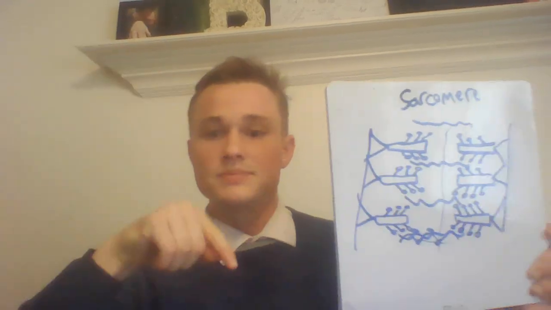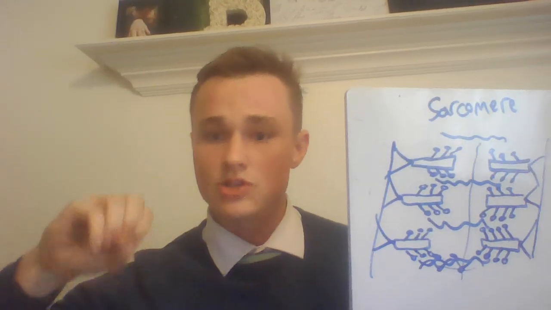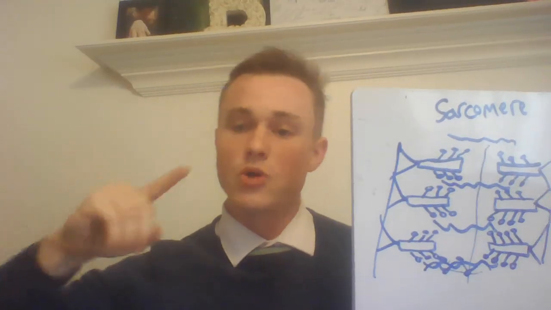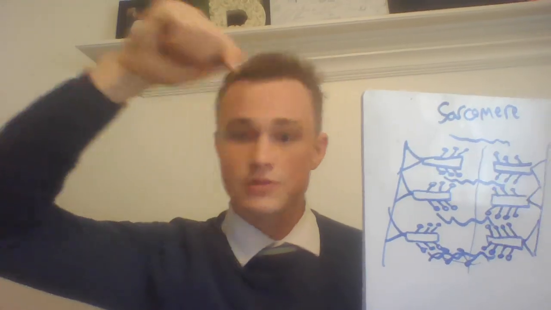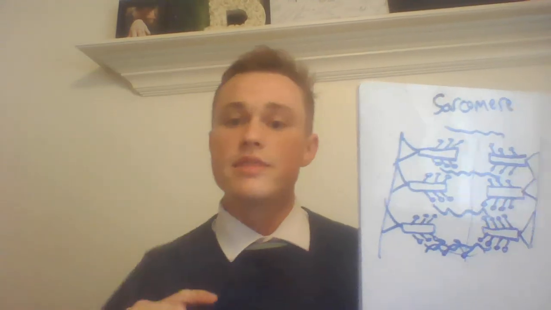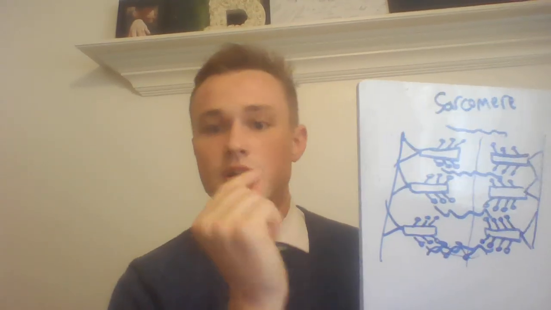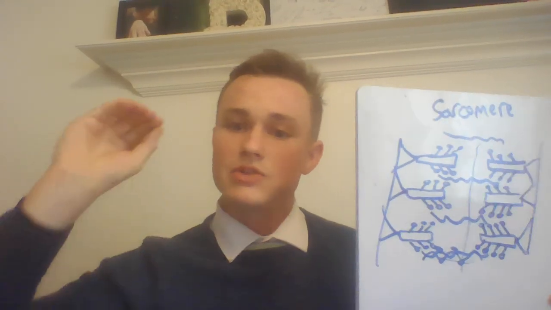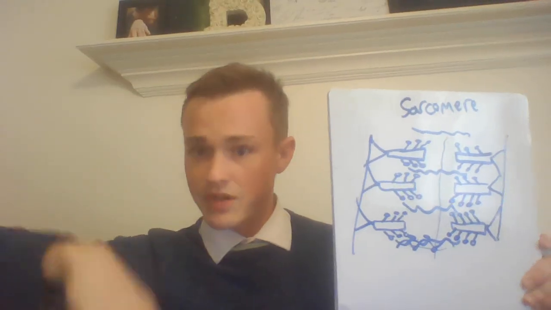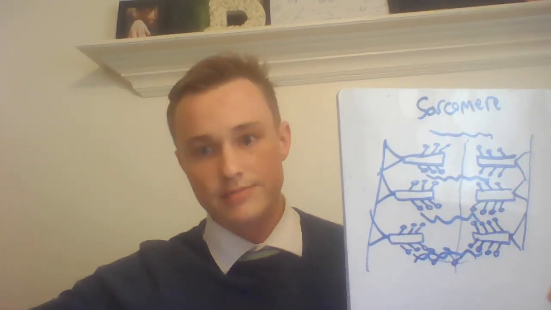We get sodium creating a positive charge that opens voltage-gated sodium channels that go down into the T-tubule that affect the DHP receptor that pulls the RYR channel open that allows calcium into the sarcoplasm, which causes contraction.